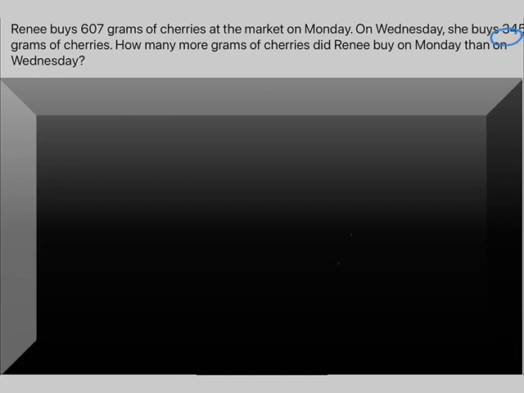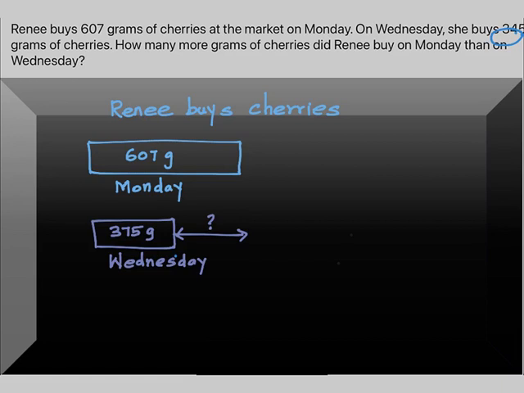The first step is to draw a tape diagram. So on Monday, she buys 607 grams, and then on Wednesday, she buys 375 grams. We need to find how many more grams of cherries Rini bought on Monday than on Wednesday.